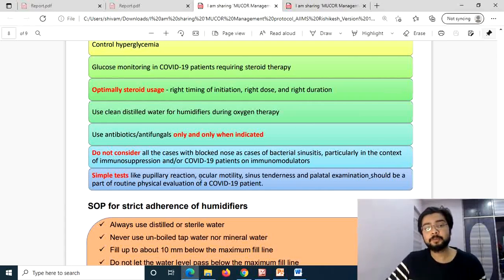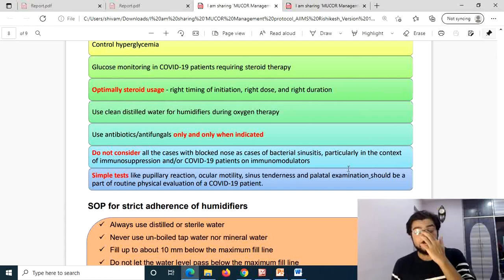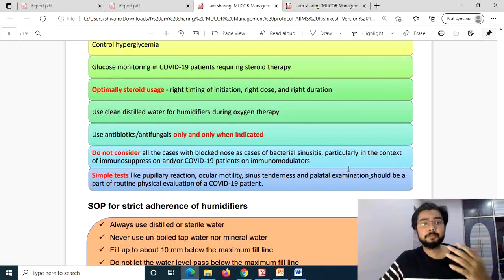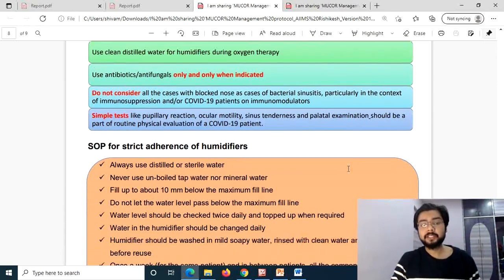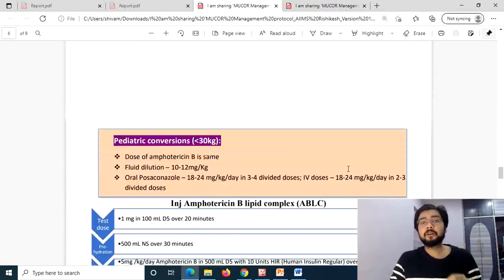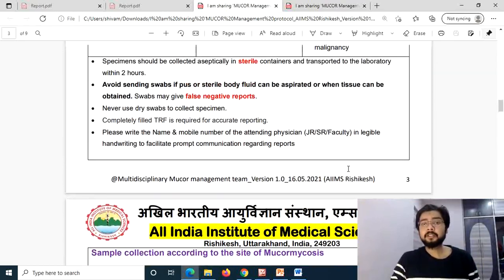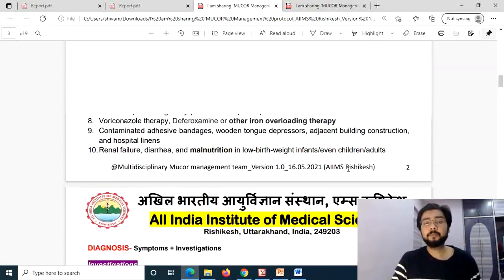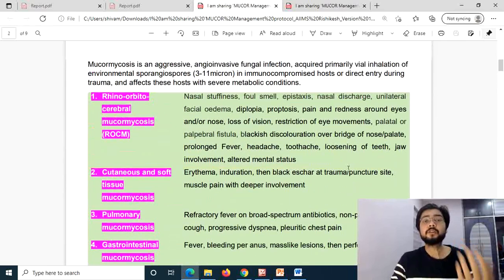Simple tests like pupillary reaction, ocular motility, sinus tenderness, palatal examination should be included in normal and routine examinations for all the COVID-19 patients. So this is very important, or this has become now very important, to screen and early diagnose patients of mucormycosis in COVID-19 recovered patients or COVID-19 patients.